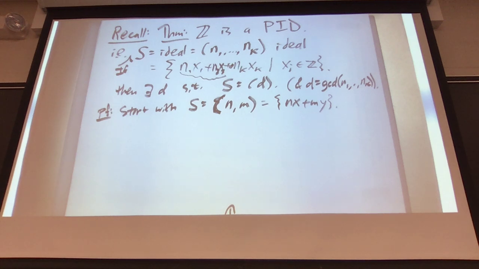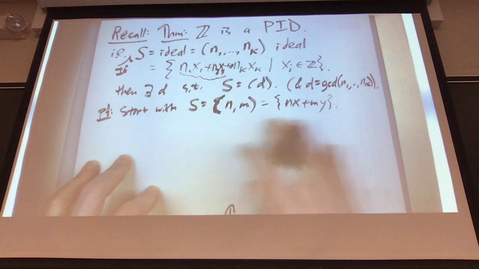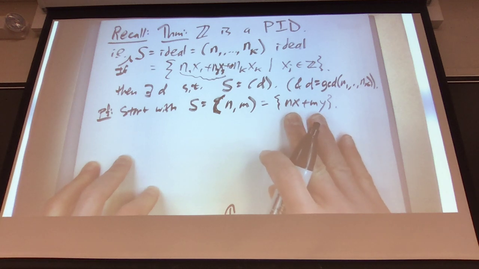And we sort of rushed this proof, so let's go over it a little bit more slowly. So we want two directions. We want to show, first of all, that any linear combination of n and m is divisible by the GCD.